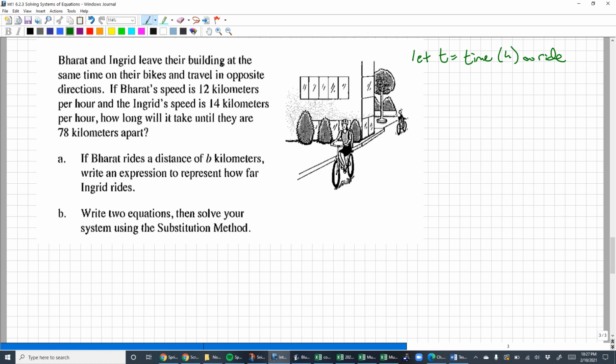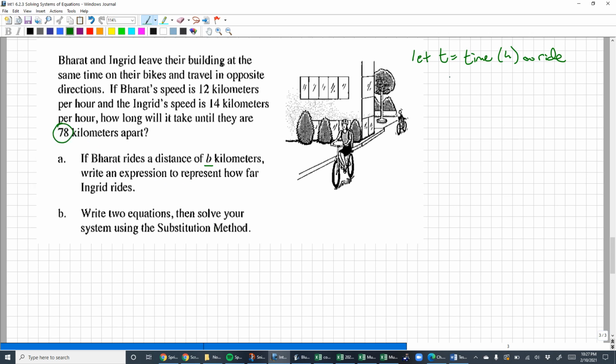Now the other thing that we have right here, it says b for distance. Now it says Bharat rides a distance of b kilometers. Write an expression to represent how far Ingrid rides. Well, let's say that this was 30. If I knew Bharat was riding 30 kilometers, what would be left for Ingrid? Well, it'd be the rest of the 78.